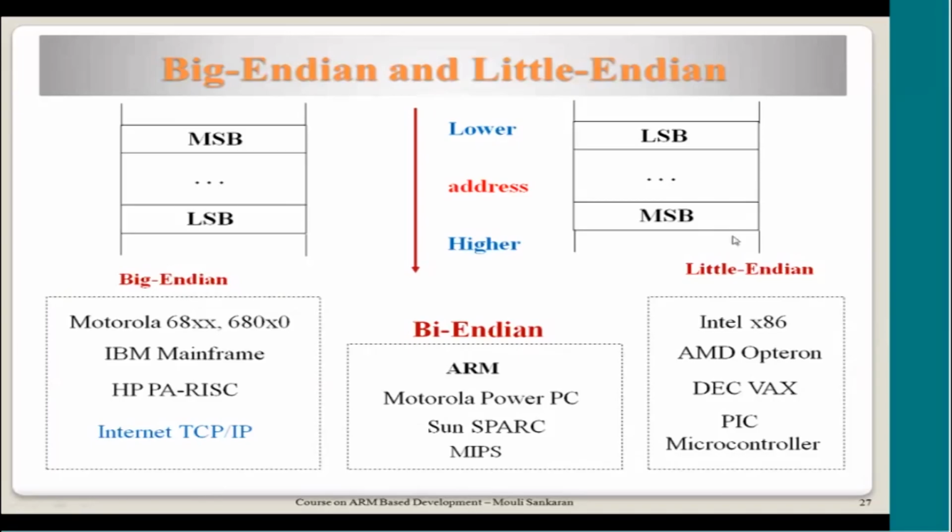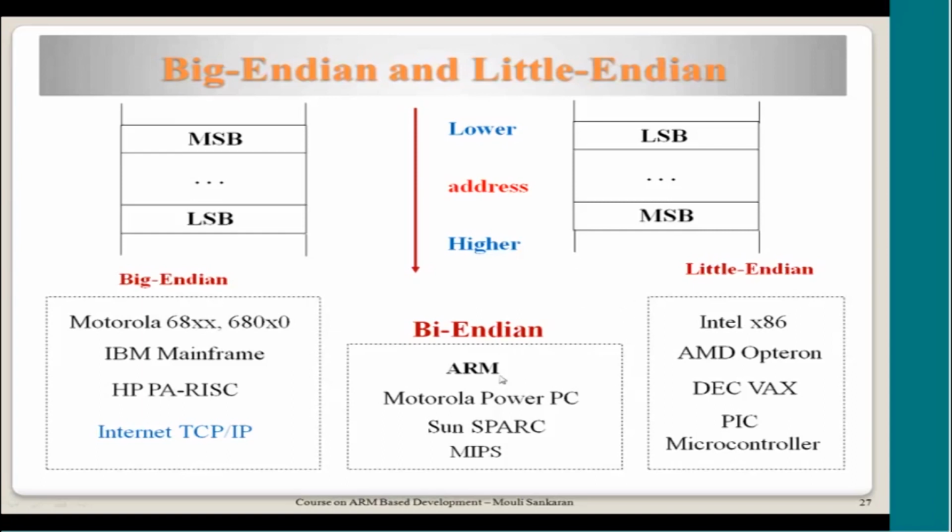There are some processors, and our ARM is also here, that support both. Why does a processor like ARM need to support both? As I told you, ARM is an IP core given to different processor vendors to build their systems along with the ARM core. The requirement may be application specific, or tied to another processor in the system of which ARM is a part.